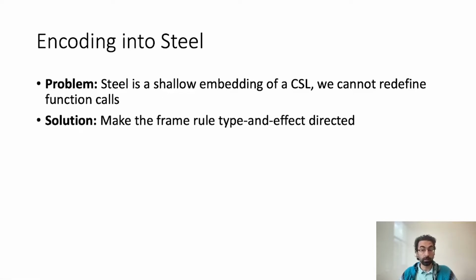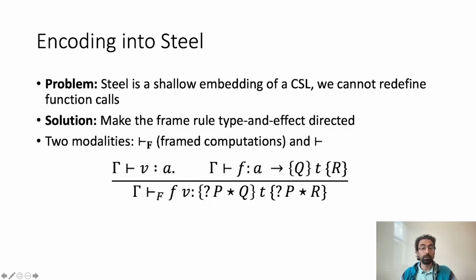So instead of making this rule syntax-directed, we leverage F-star's effect system to make it type and effect-directed. And the way we do that is we define two different modalities which correspond to computations already framed and computations not yet framed respectively. And you can see here that the typing judgment in the conclusion of our frame rule corresponds to a framed computation, since we just added a frame.